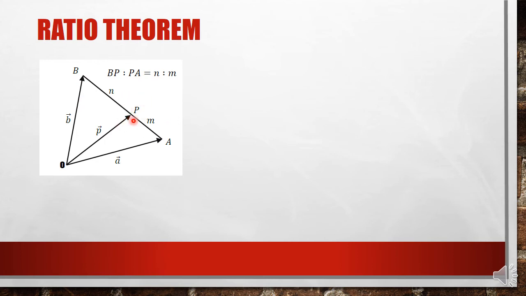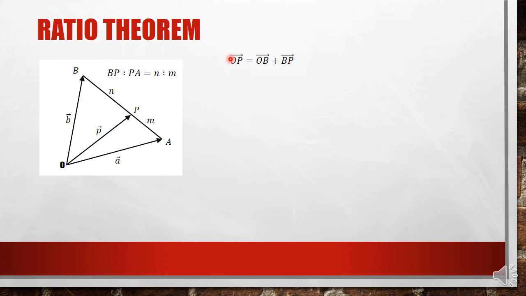Before we get to that, let's see. Based on this picture, OP equals OB plus BP. If you want to move from O to P, we move from O to B, OB, and then continue from B to P, BP.